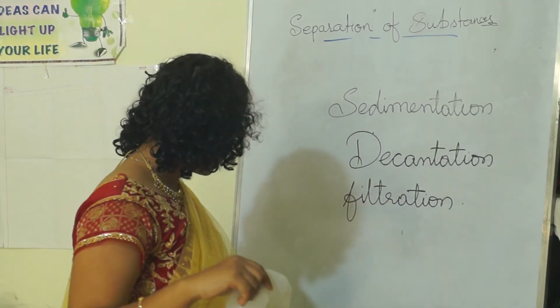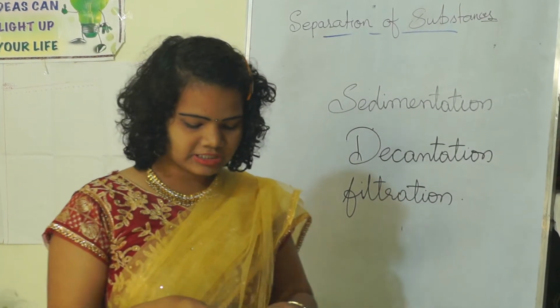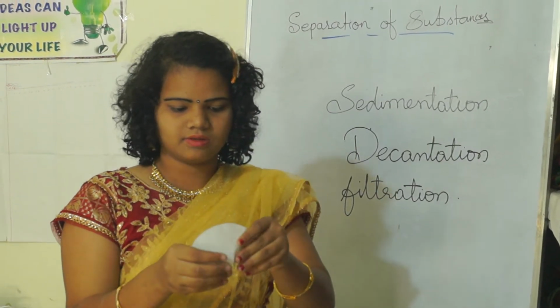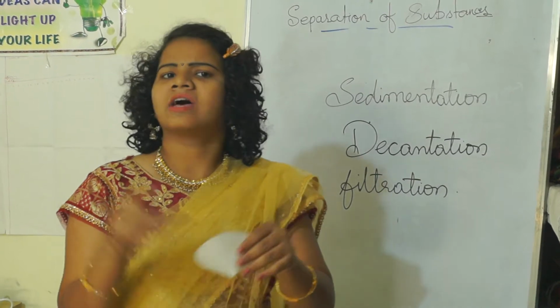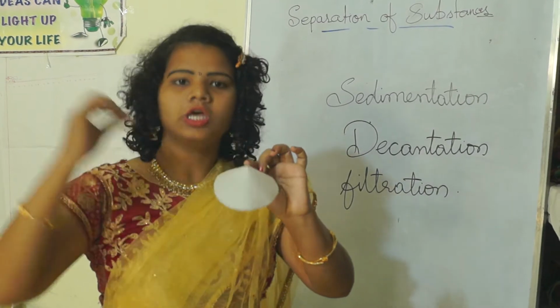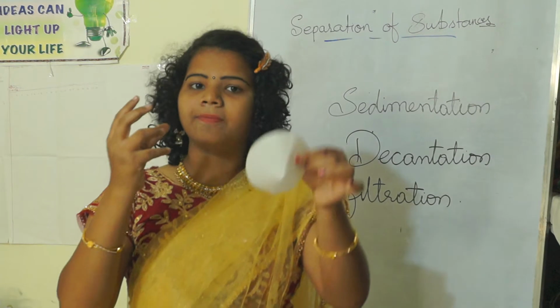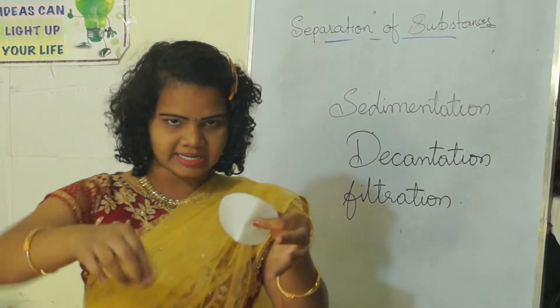Just fold this filter paper into a cone shape. The filter paper has very small, very tiny pores in it. These tiny pores can absorb a few dust particles which get stuck in it.